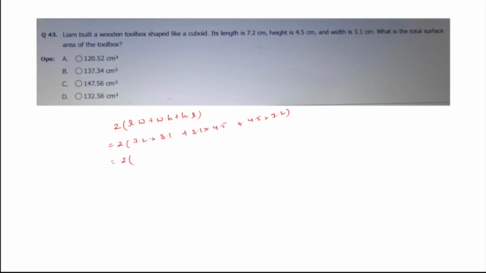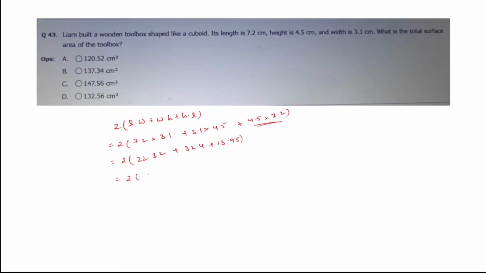So 7.2 into 3.1 is 22.32, plus 3.1 into 4.5 is 13.95, plus 4.5 into 7.2 is 32.4. Then we need to add all of these values in the braces.